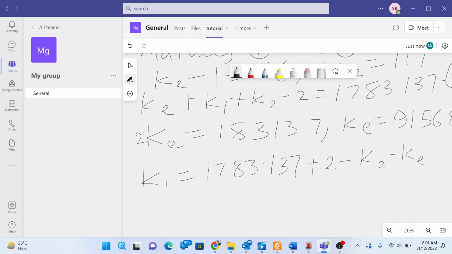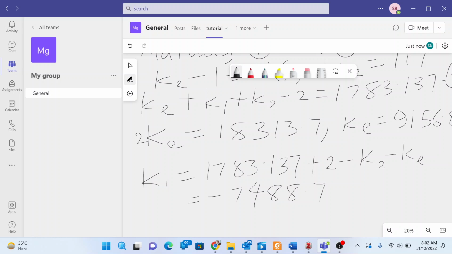If we substitute the values of k2 and ke in this expression, we are going to get our k1 to be minus 7488.7.